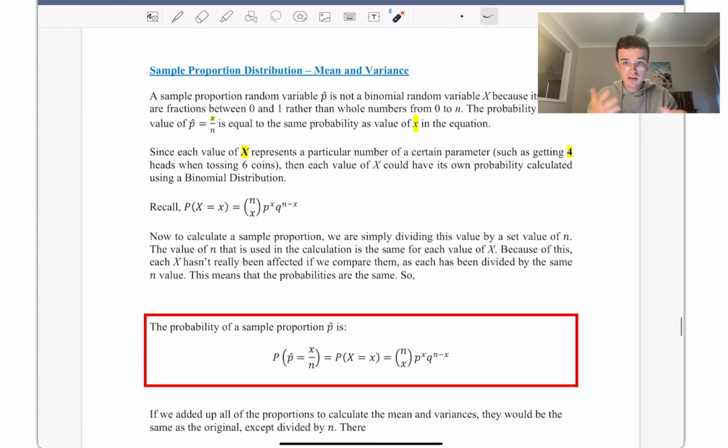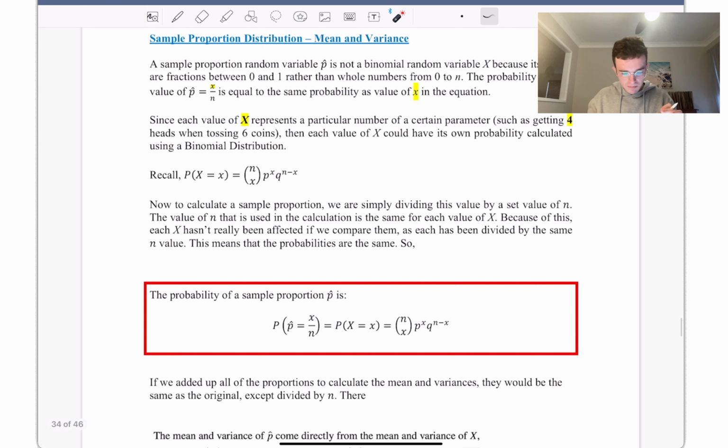Which realistically means if we compare these proportions and their probabilities, nothing has happened to them because we've divided by the same value of n. If you did their ratios, that would be the same. So because we're dividing by the same value of n, their probabilities have not been affected.